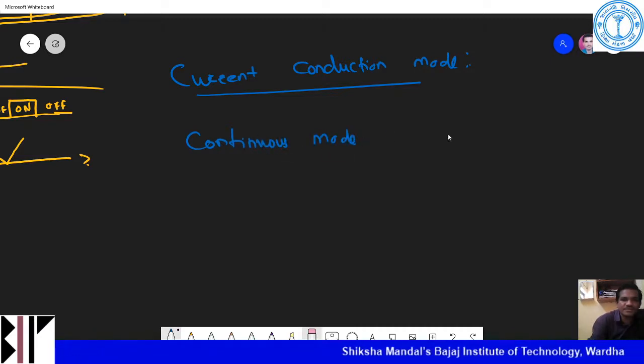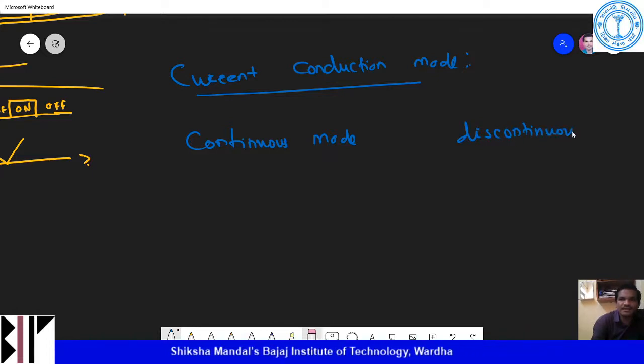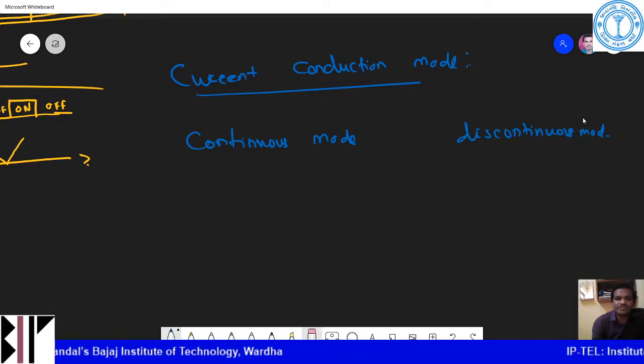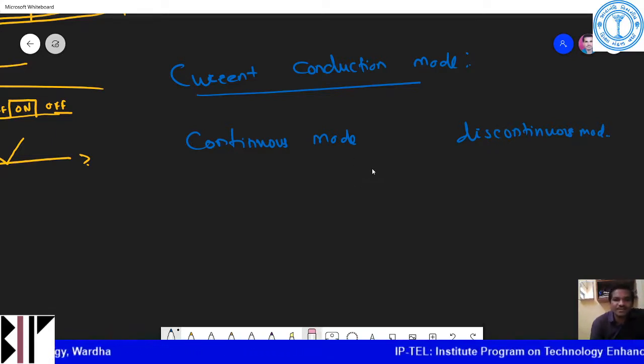Continuous mode means we have an electromagnetic load, or you can say an inductive load.